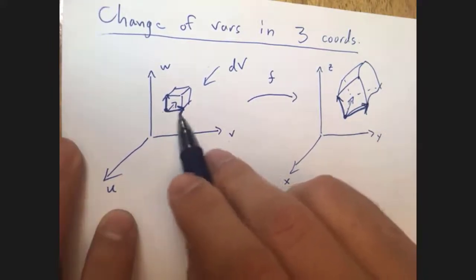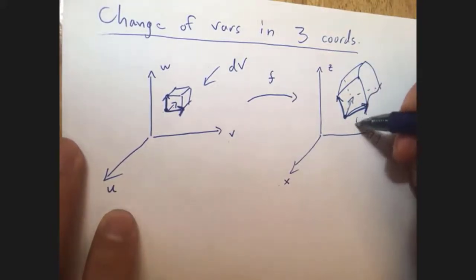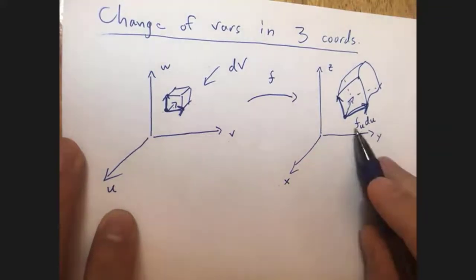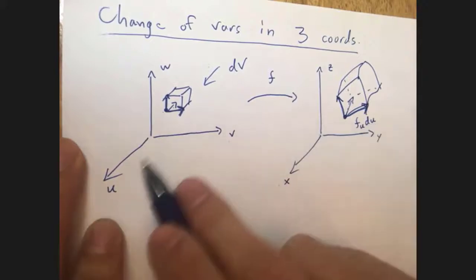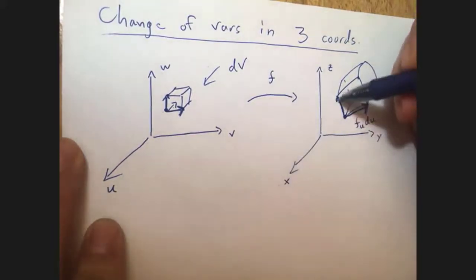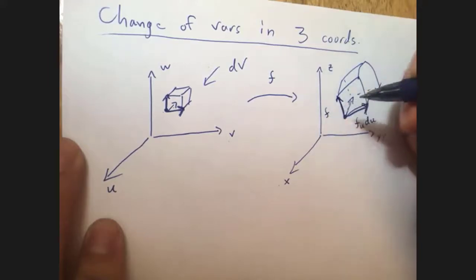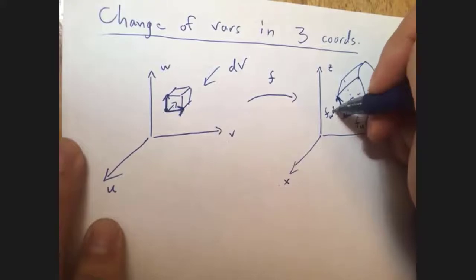The vector that the u direction turns into is called f_u du. It's the u derivative of f multiplied by du, a small change in u. And this vector over here is the one that the w direction went to, so that would be f_w dw.